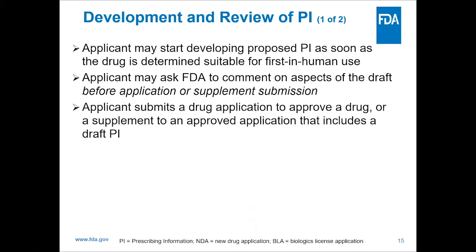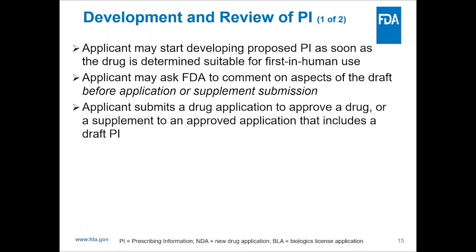A company typically develops something called a core data sheet, which is what they believe to represent the drug. And from that, they develop the prescribing information for the United States. There are other formats and other content for labeling for other regulatory areas, and they'll develop that as well. As the labeling gets along, the applicant may communicate to the FDA.